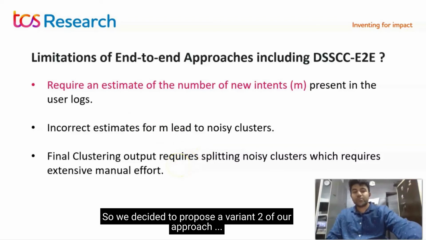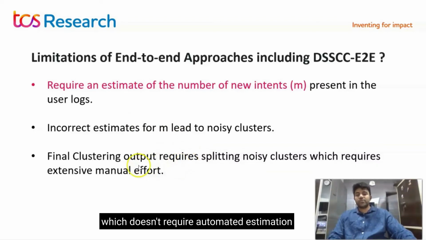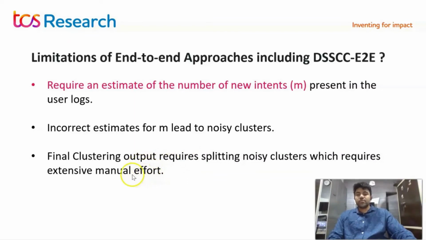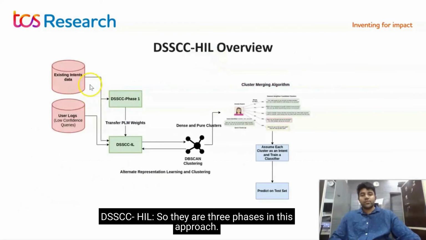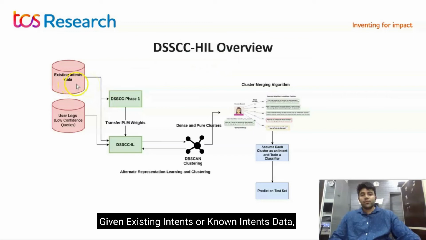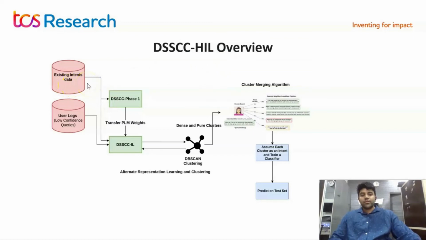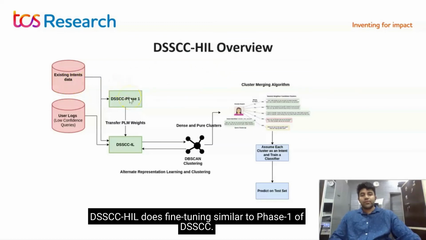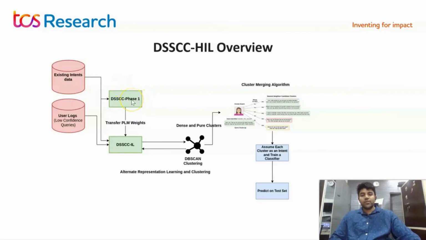So we decided to propose a variant 2 of our approach, which does not require automated estimation of the number of clusters. There are 3 phases in this approach. Given existing intents data or known intents data, this approach does fine-tuning similar to phase 1 of DSCC.